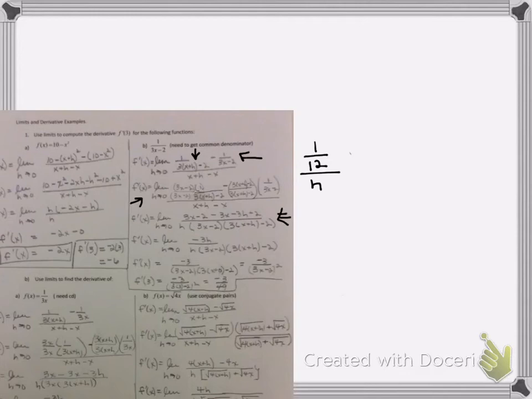If I had that, isn't that really 1/12 divided by h, which is equivalent to 1/12 times 1 over h, which equals 1 over 12h? So what that means is that the h right here is equivalent to the h right here.